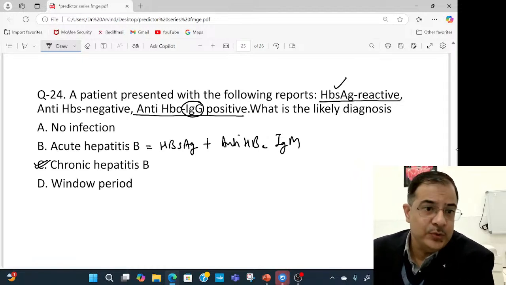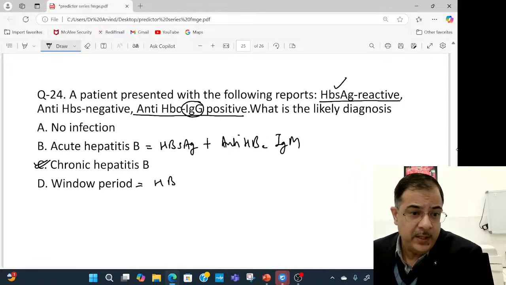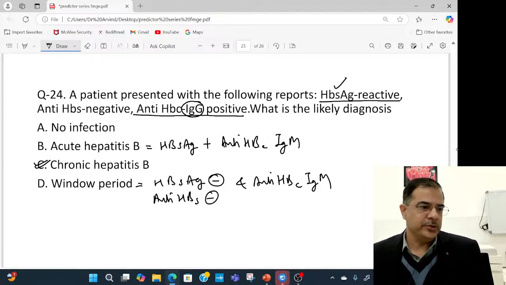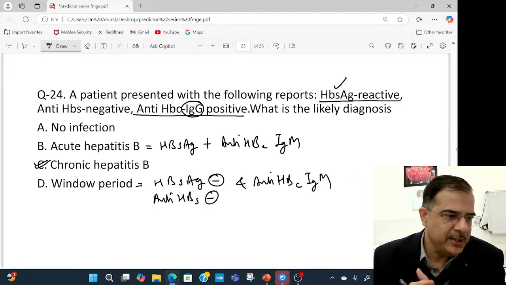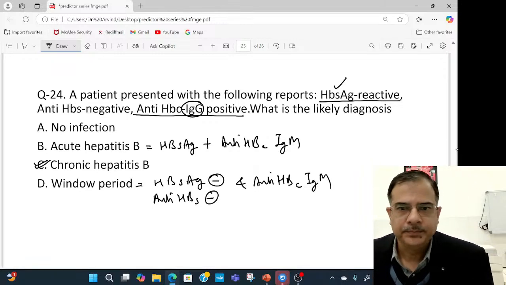So that is the clincher diagnosis of acute hepatitis B. Now, what about the window period? In the window period, HBsAg is negative and anti-HBs is also negative. What is positive here? Anti-HBc IgM will be positive here. So the answer here will be chronic hepatitis B infection.